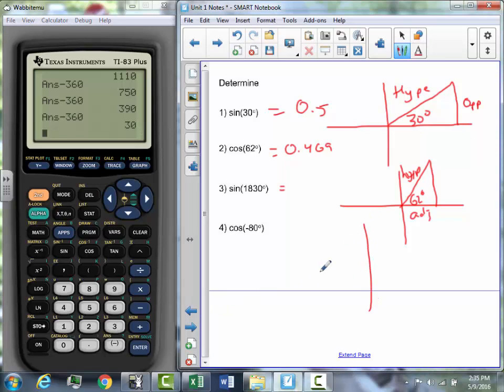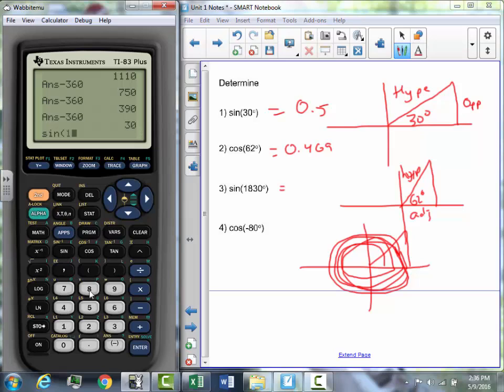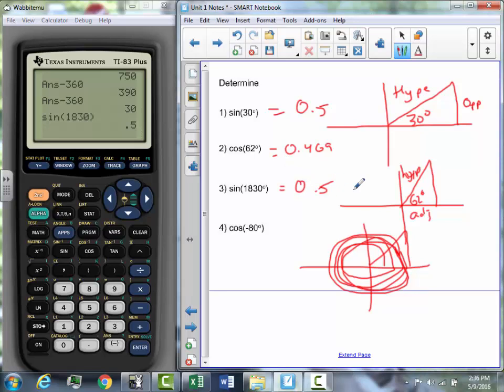When you draw your 30 degrees right here, it means you go around the circle 1, 2, 3, 4, 5, and then you go 30 degrees more. So it's actually the exact same angle as the top one. When you calculate the sine of 1830, it's literally in the exact same spot as the sine of 30 degrees, so it's 0.5, because your opposite is half as big as your hypotenuse.